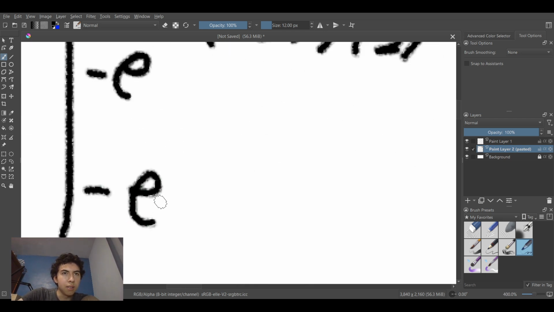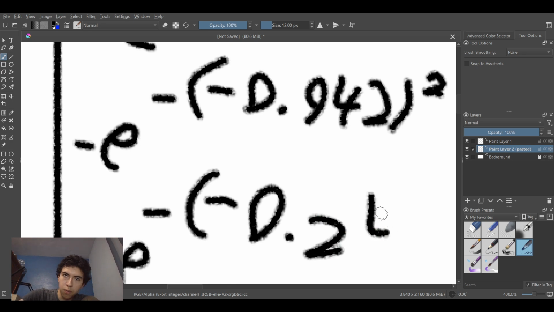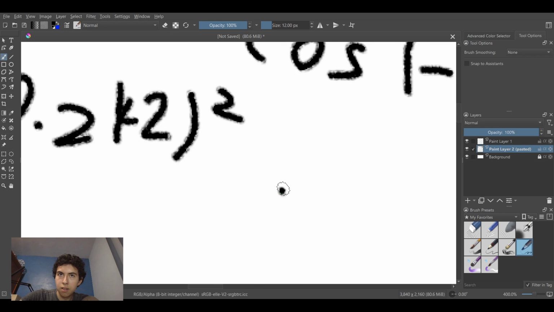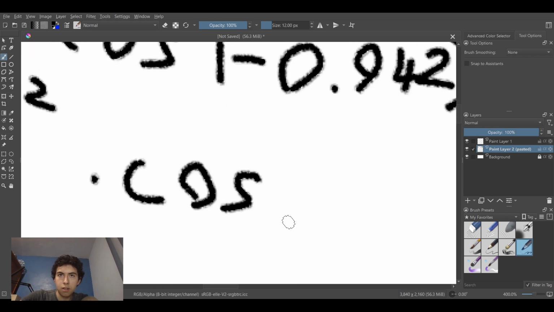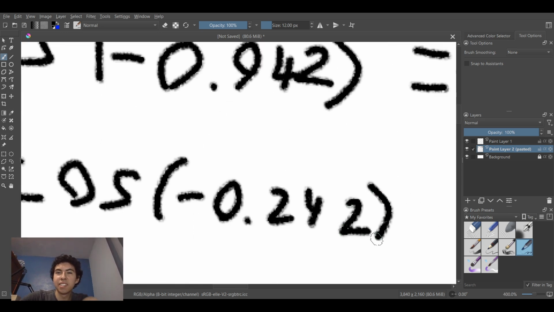Again, minus e to the minus 0.242 squared times cosine of minus 0.242. This is a bit tedious.